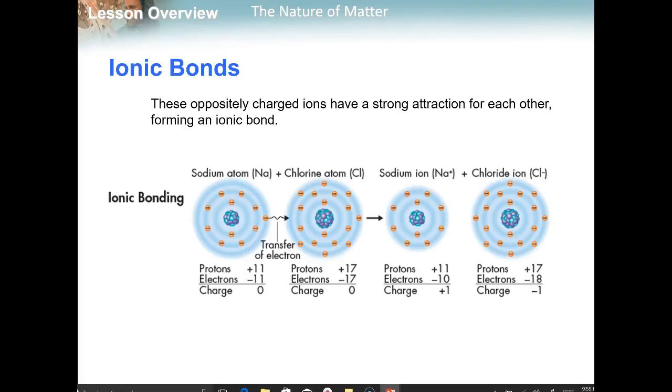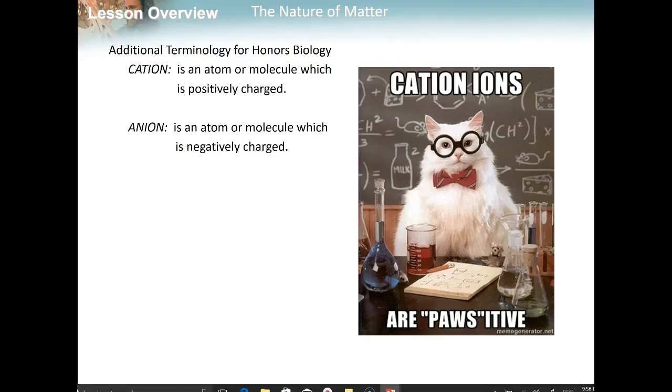to make sodium chloride. So you have to be able to tell the difference between a positively charged ion and a negatively charged ion. And of course in science we give them terms. A cation is an atom or a molecule which is positively charged. That means it's going to lose an electron. And an anion, anytime we have an a before a word, it means without.